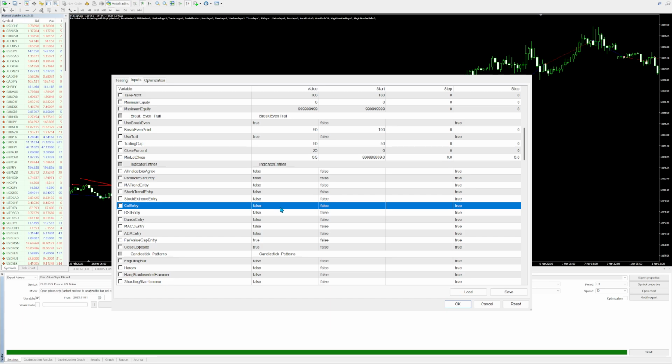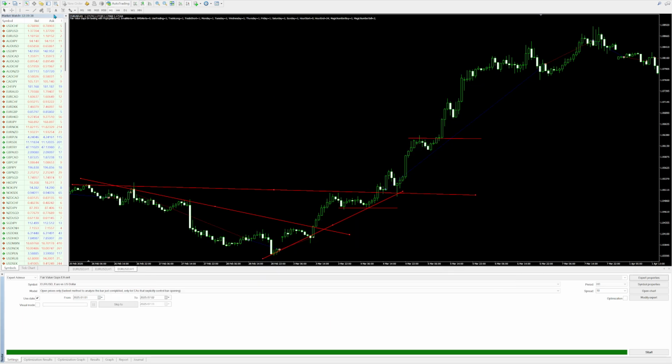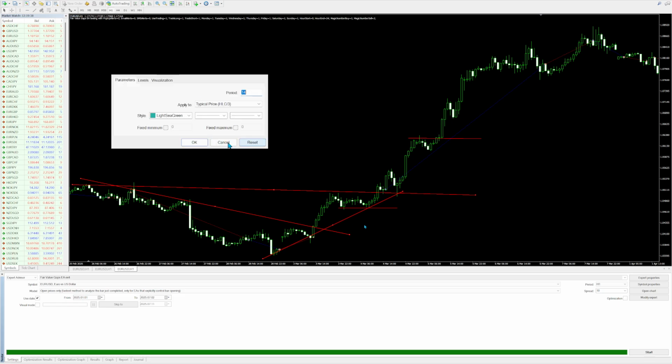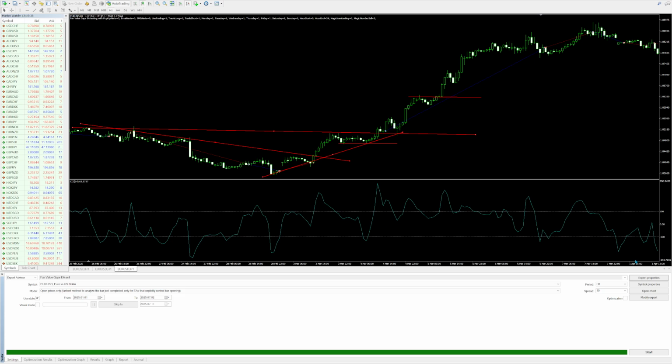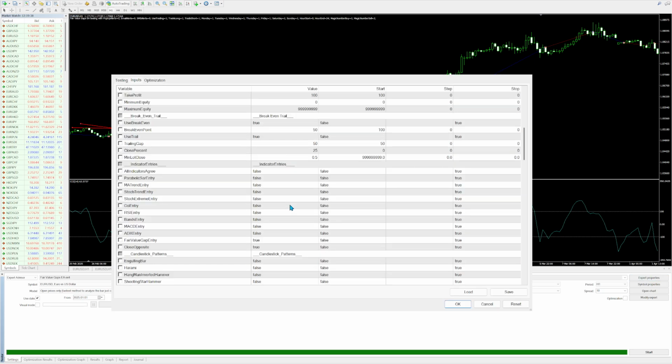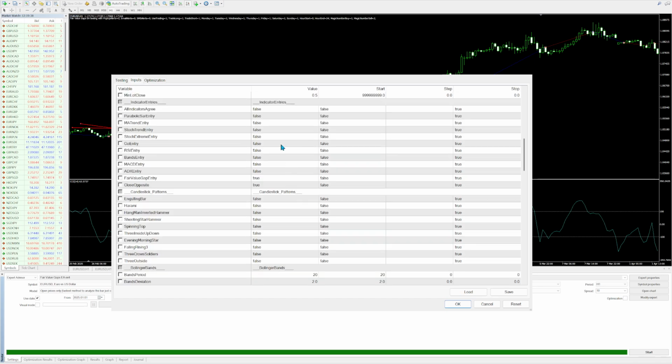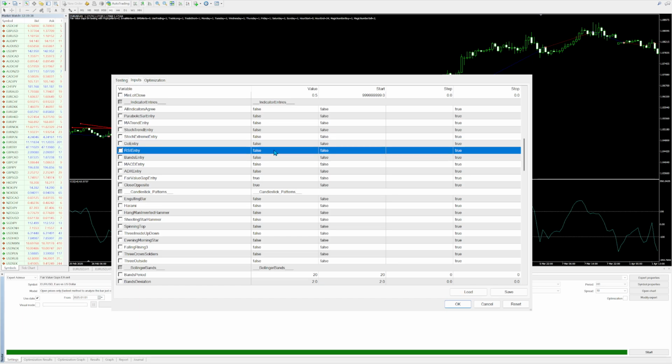Okay. CCI entry, CCI must be above 100 or below. Let me just double check that for you. Yeah. Okay, so the CCI is above 100 for a sell or below minus 100 for a buy. RSI below 30 for a buy, above 70 for a sell.